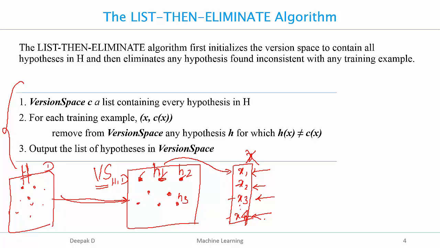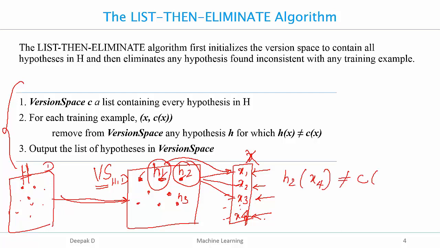You have to remove this H1 from your version space, because it is not consistent with all the training instances or examples. Now assume that H2 is there. H2 is consistent with only X1, X2 and X3. So it is not consistent with X4.